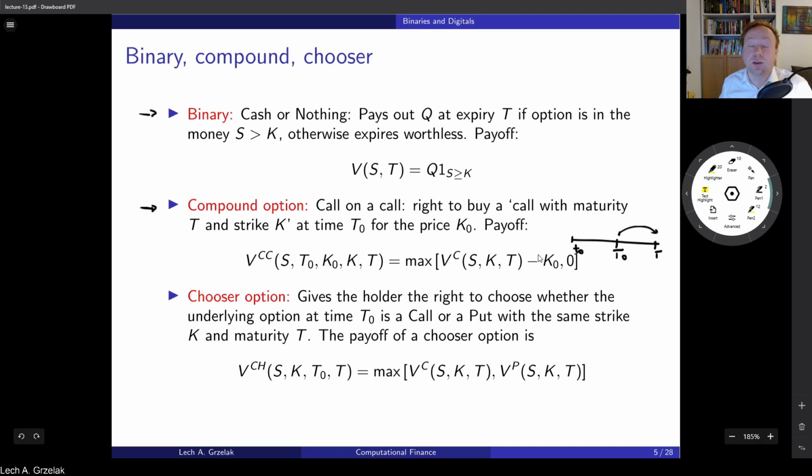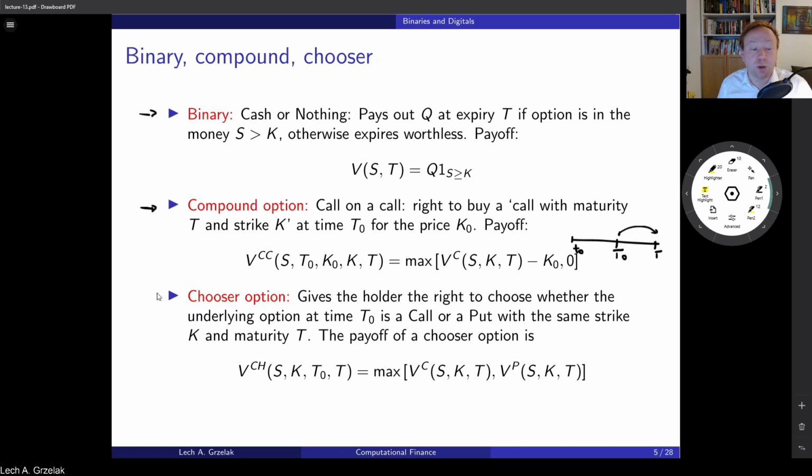This type of option is called compound. And you see, it's a maximum: whatever is bigger, the value of a call option contract at time T0 with maturity T, or a certain strike, and there's a compounding effect.